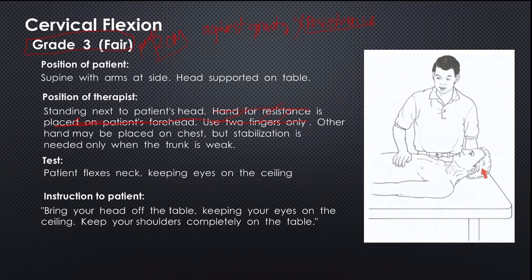The question to yourself is, will I still continue providing the resistance? Are you getting my point? Because if the patient can do grade 3, you can assume the muscle is graded fair. So try a more challenging position. That's the time you give the resistance. If the patient can do it, you will determine if it's grade 4 or grade 5.